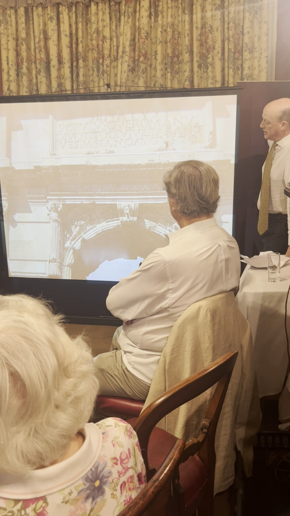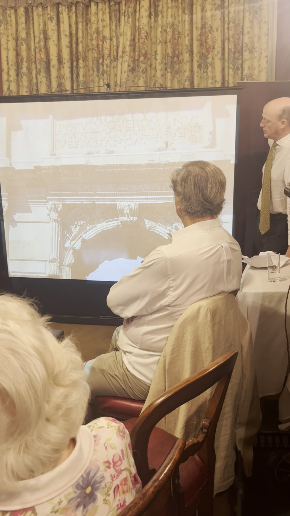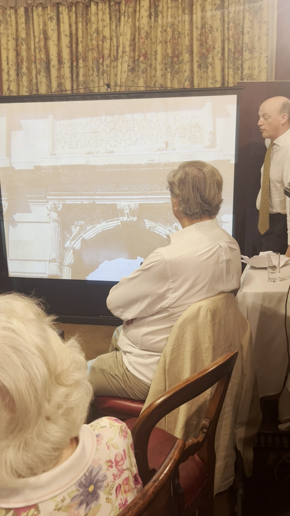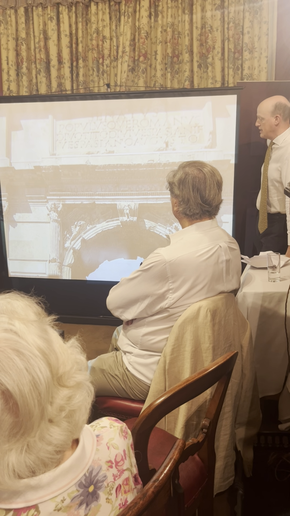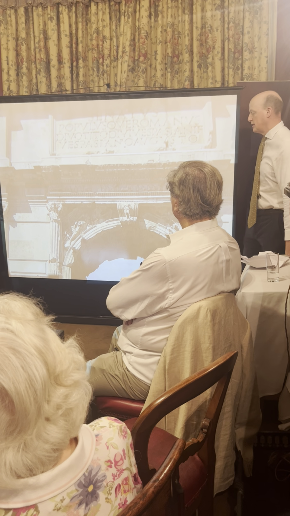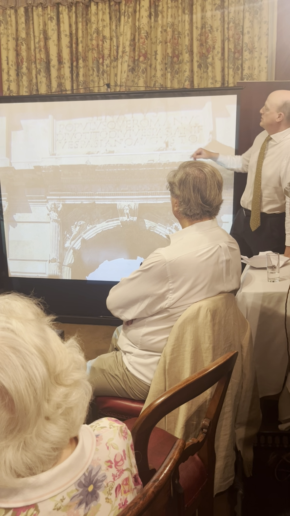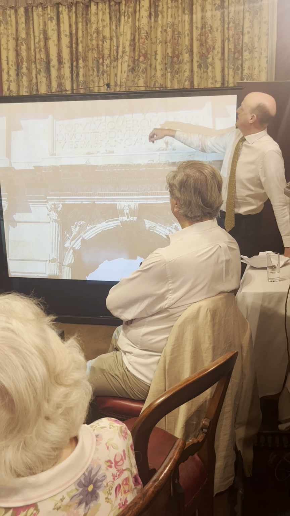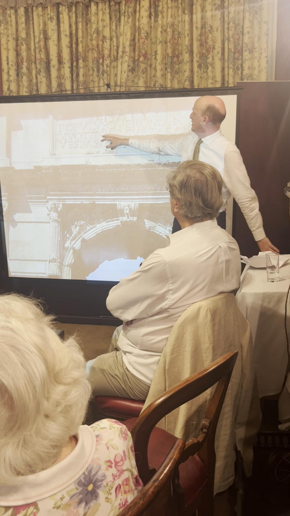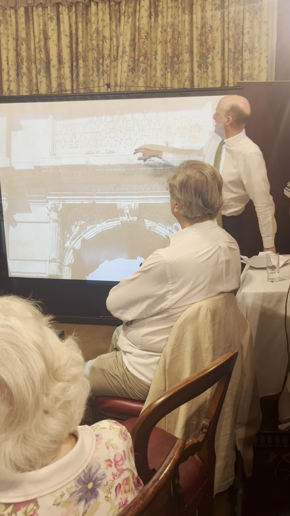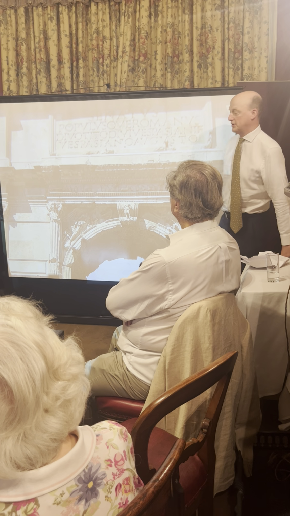This is the earliest composite column, and this is on the Arch of Titus in the Forum in Rome, built in 81 AD, the year that Titus died, and you can see he was the son of Vespasian. So it says here, the Senate and the people of Rome built this in honor of divine Titus, son of Vespasian, and Vespasian his father.